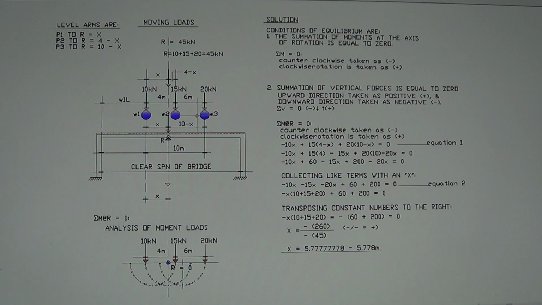These loads are considered as a couple. The minimum wheels for the load to be classified as a couple, you need at least two wheels, and then it is considered as a couple.